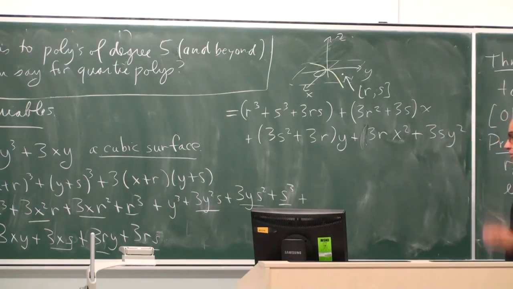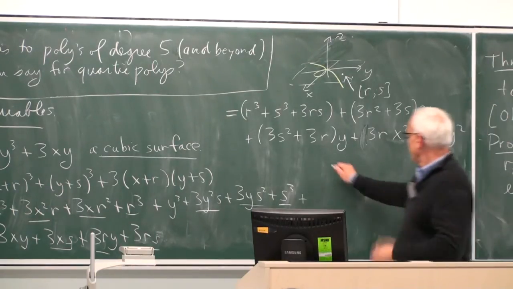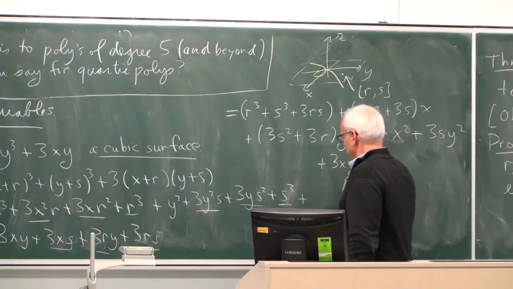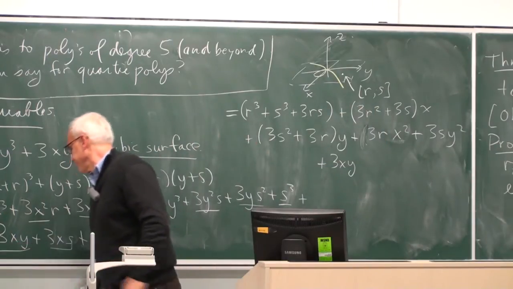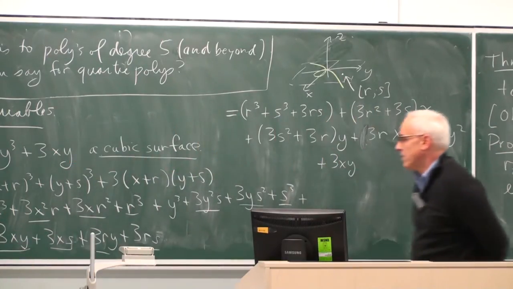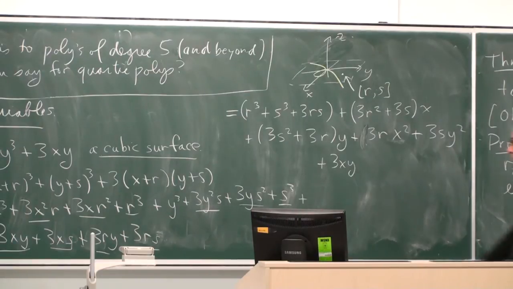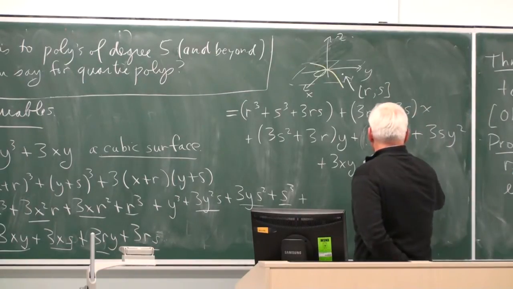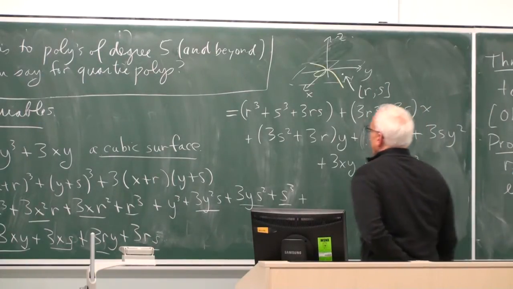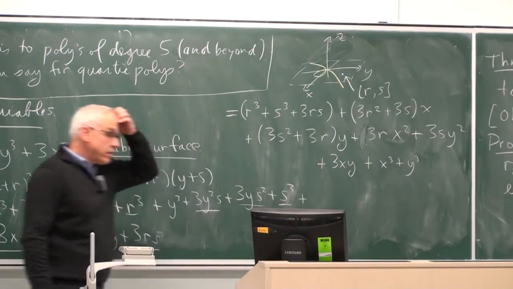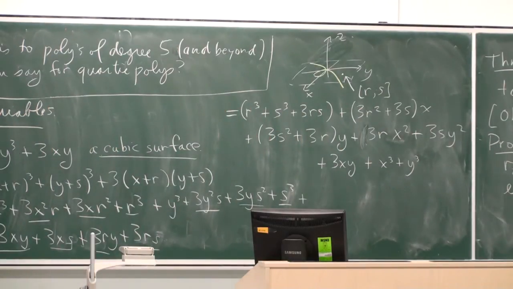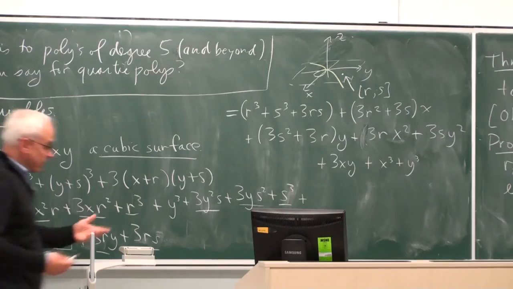Any other quadratic terms? There's 3xy, that's also quadratic. And now we only have the cubic terms left, and there's only x cubed plus y cubed. Okay, so that's good.